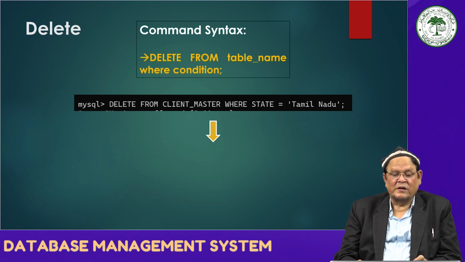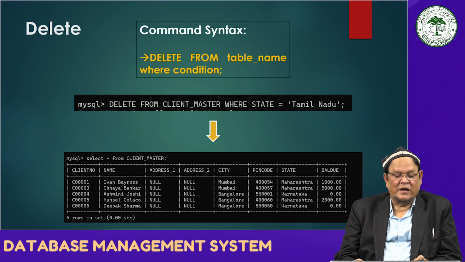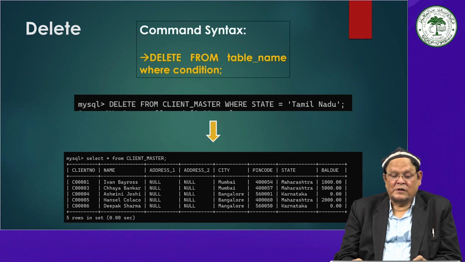Then when you enter it, it will show client number, name, address 1, address 2, city, pin code, state and balance due. State Tamil Nadu will be changed.